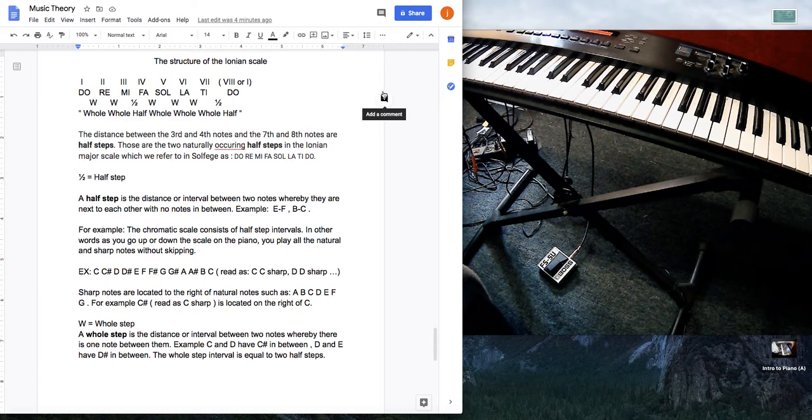Okay, so when we talk about the structure of the Ionian scale, immediately you think Do, Re, Mi, Fa, Sol, La, Ti, Do. Now, what is the structure of that scale?